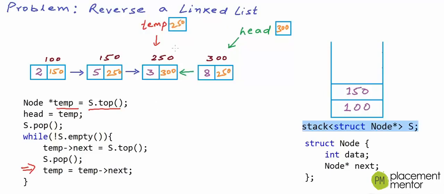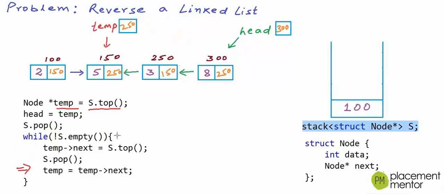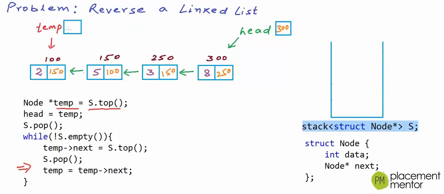The stack is not empty, so the loop will execute again. We are writing the address here now, then we pop and then move to 150 using this statement, temp equals temp.next. Now we are building this link, popping, and then, oops, this should have been 150, and with the next temp equals temp.next we are going here.